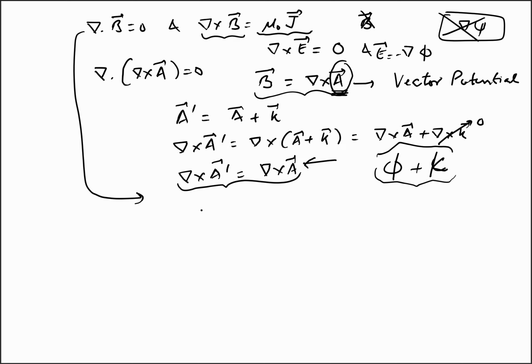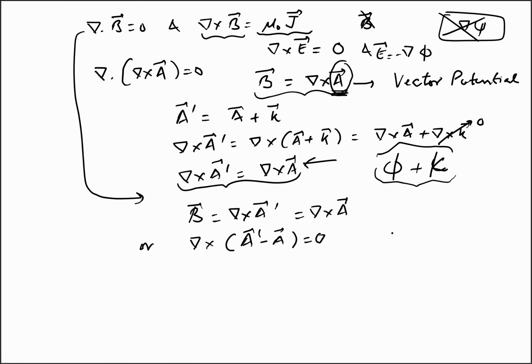Let us see how. Let us say B is equal to del cross A dash is equal to del cross A, or I can write del cross (A dash minus A) is equal to 0. What does it mean?